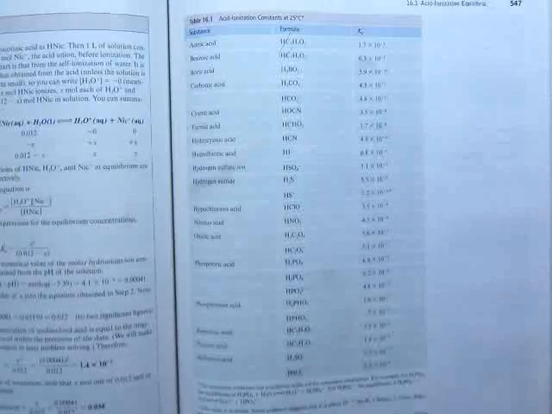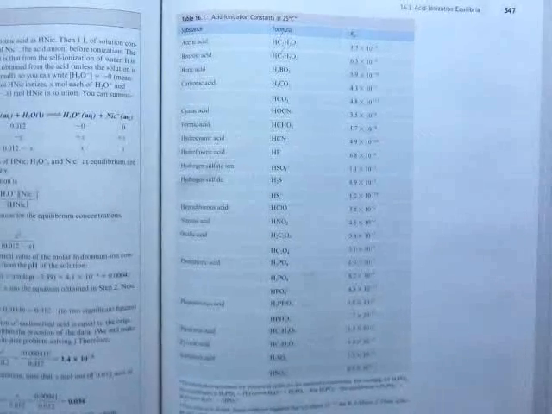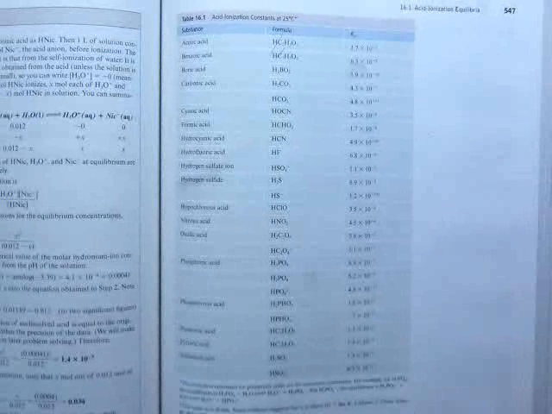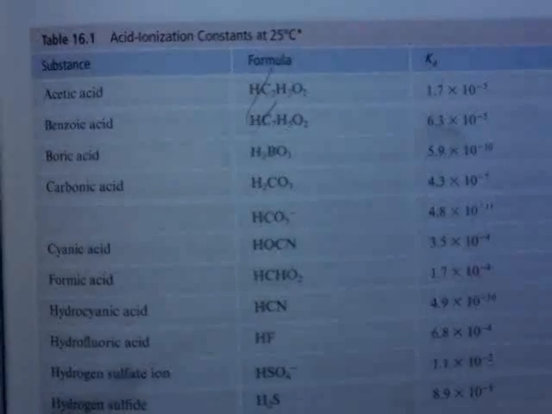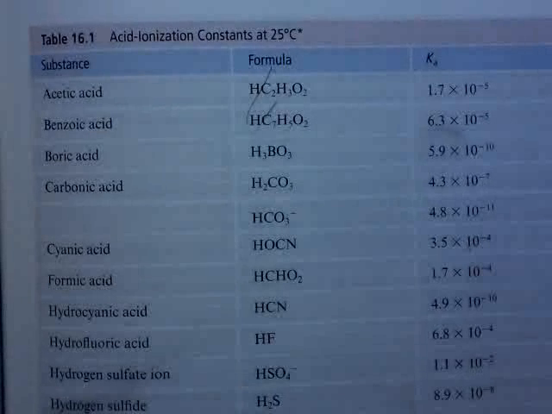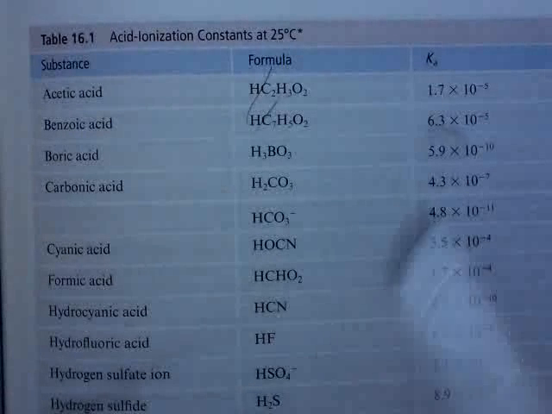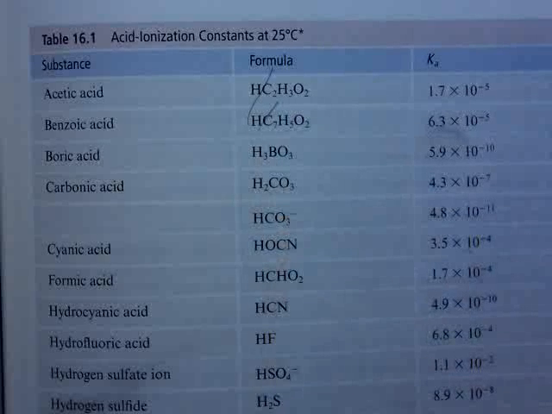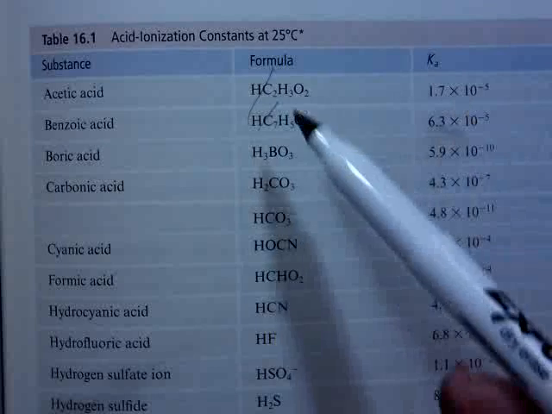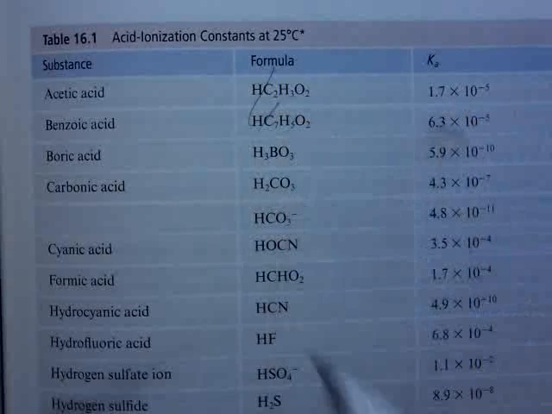This comes out of your Ebbing textbook in acid-base equilibrium, you don't have to have it. But here it shows the way they've written these many weak acids, and as you can see, all of them are prefixed by hydrogens out here, even though some of them have hydrogens buried in the polyionic structure.